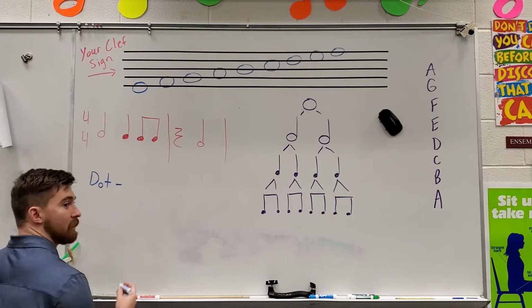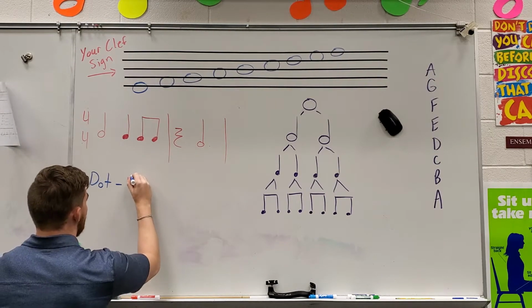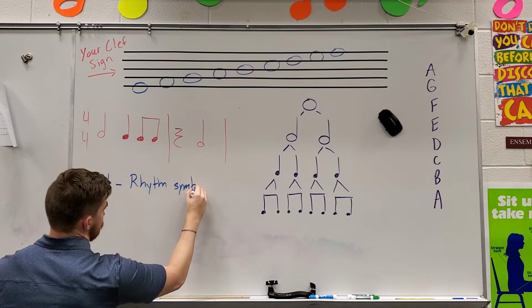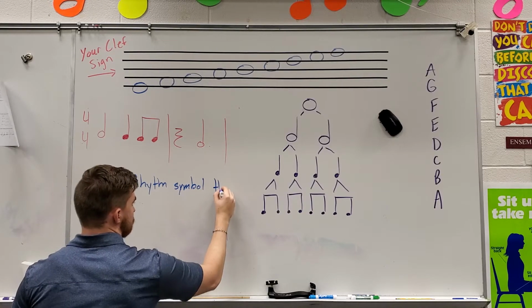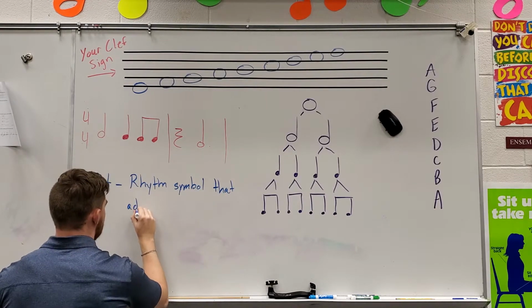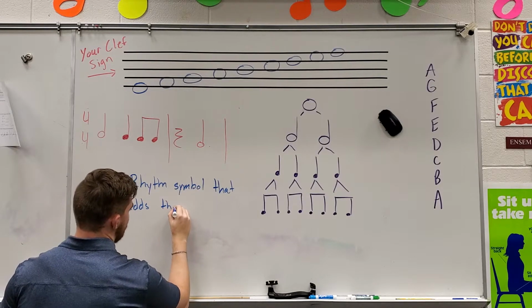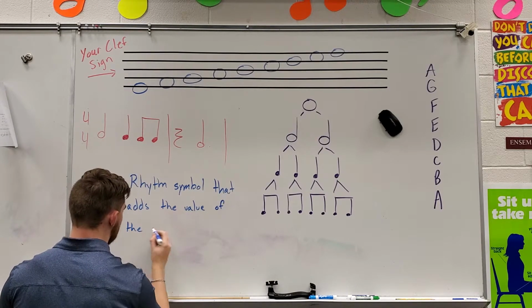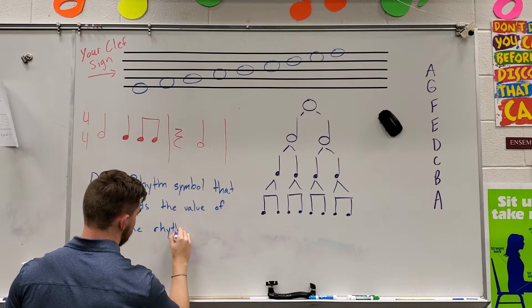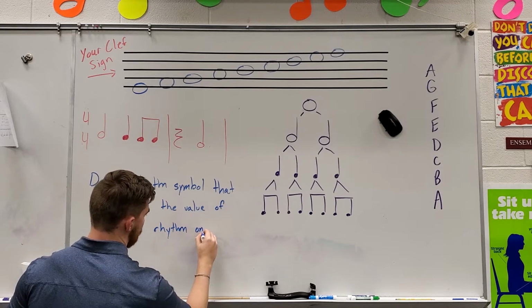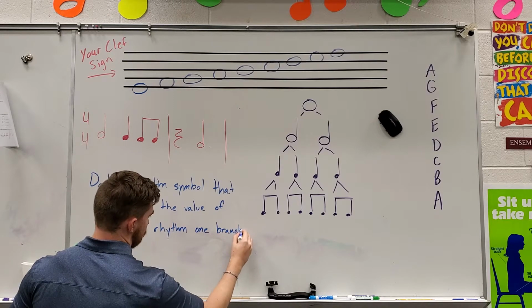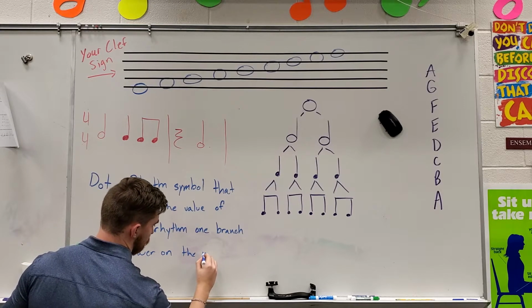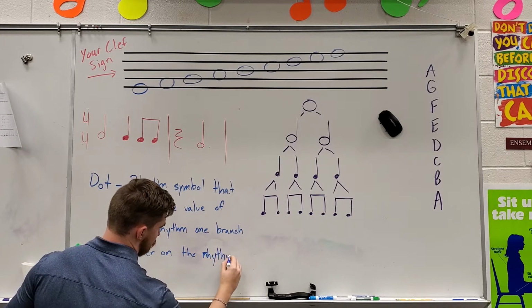So a dot is a rhythm symbol that adds the value of the rhythm one branch lower on the rhythm tree.